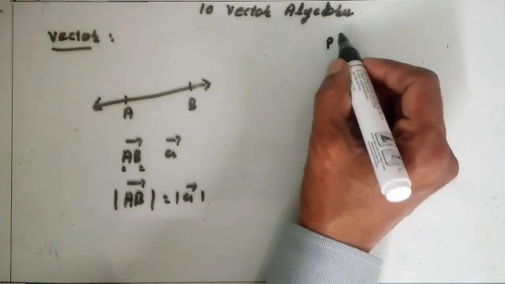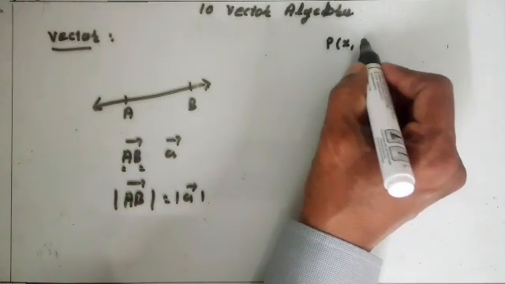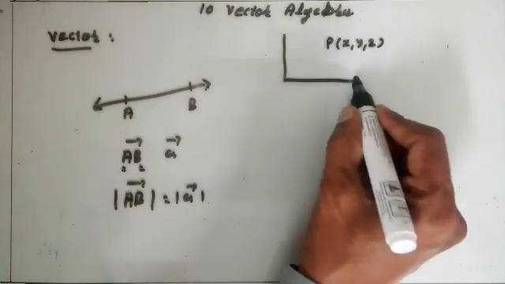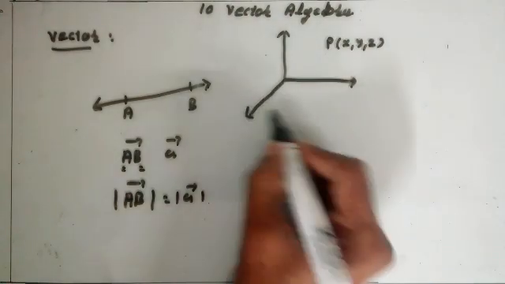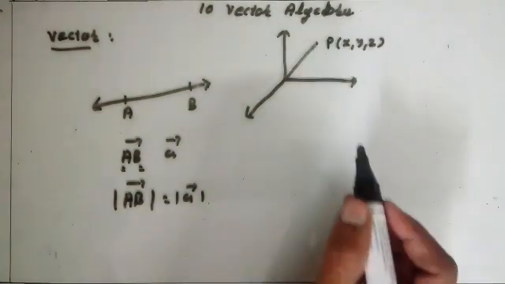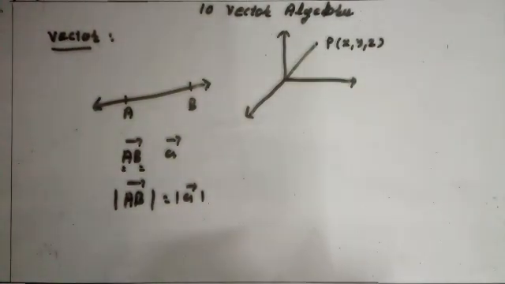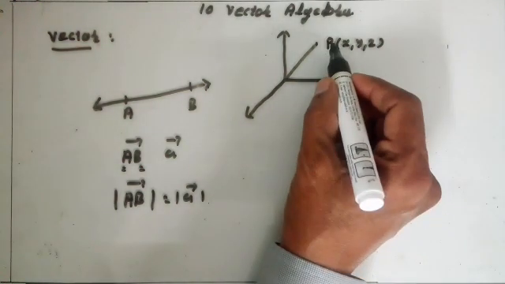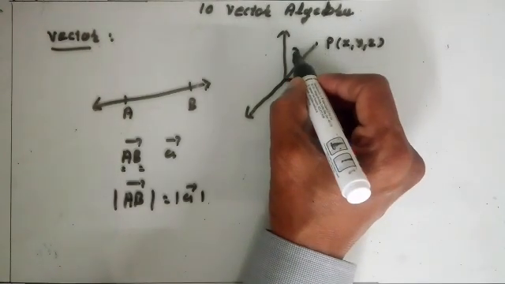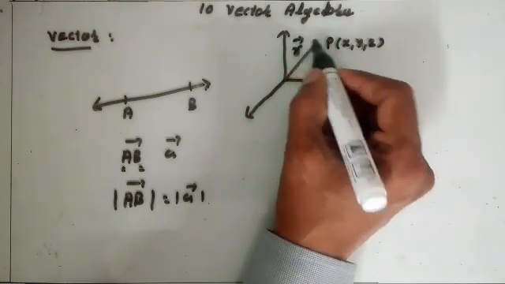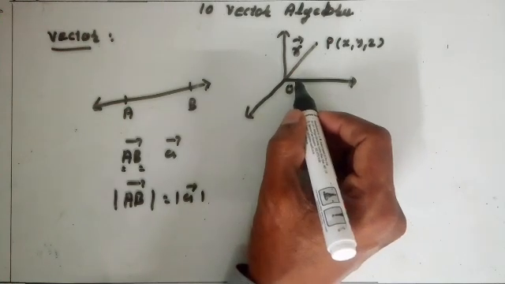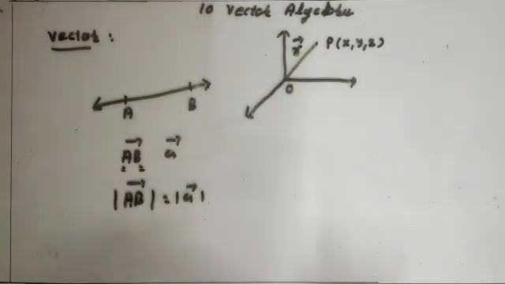Let P be a point with coordinates x, y, z in a space, then vector OP is called position vector of point P. OP is denoted by vector R. Here the coordinate of O, we know, is the origin 0, 0, 0.